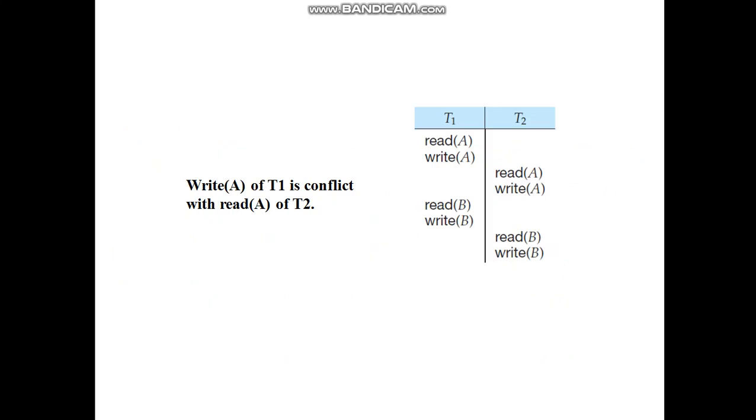So this is a conflict. A conflict happens here because in transaction T1 there is a write A, and this conflicts with the read A presented in transaction T2, because at the same time different operations are performed on the same value.